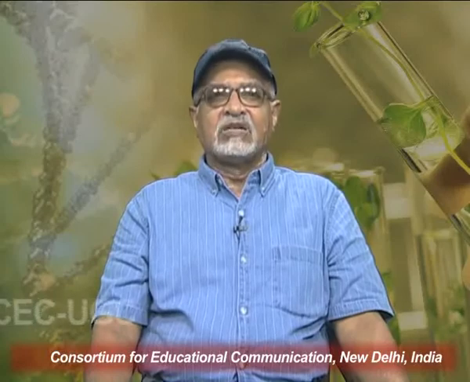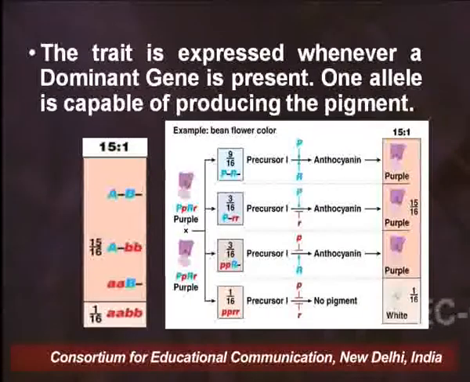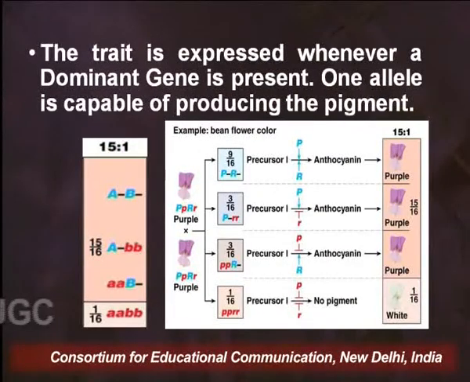If we were to explain this idea on a biochemical scale, again on your screens you would find that this trait is actually expressed wherever a dominant gene is present, and that was 15 combinations, and one allele itself is capable of anthocyanin production.